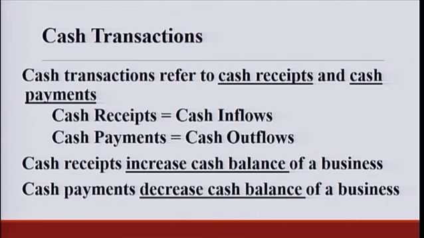What are cash transactions? Cash transactions refer to cash receipts and cash payments. Cash receipts are cash inflows, whereas cash payments are cash outflows. Cash receipts increase the cash balance of a business, and cash payments decrease the cash balance of a business.